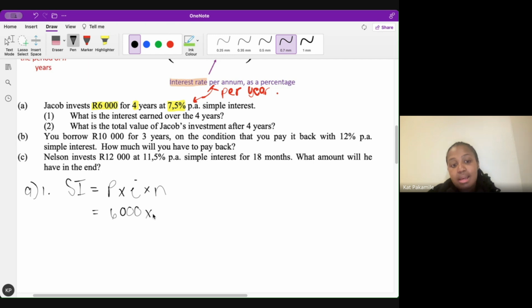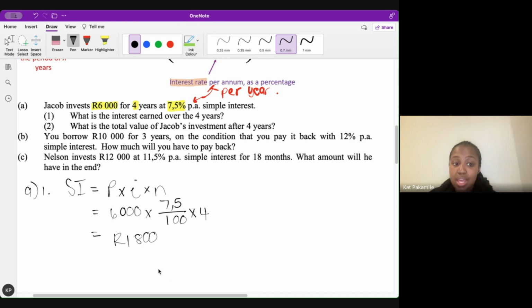Times my interest rate, which is 7.5%. Great. Times the number of years, which is 4. Now, can we all take out our calculators? If you don't have your calculator today, please go fetch it. You will need it throughout this lesson. Nice. 1,800 rand. That is just the interest earned.